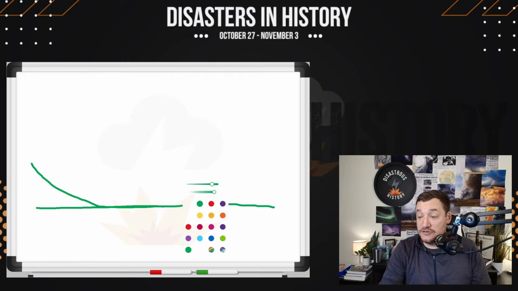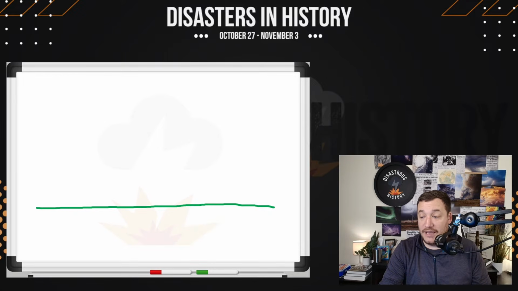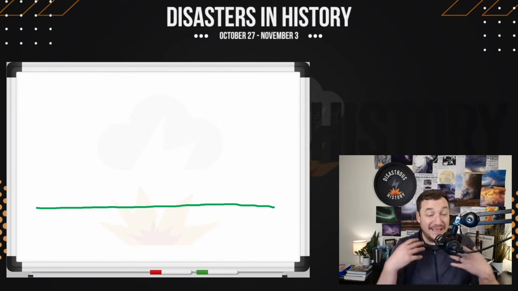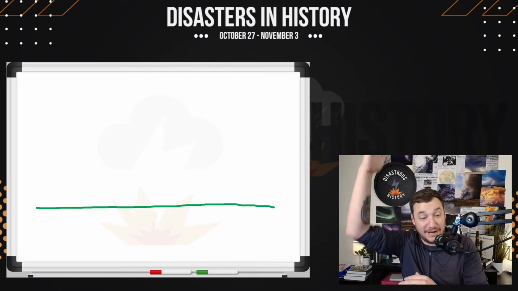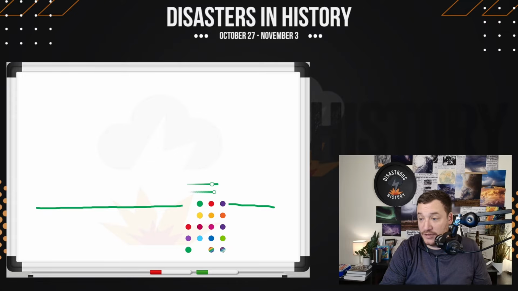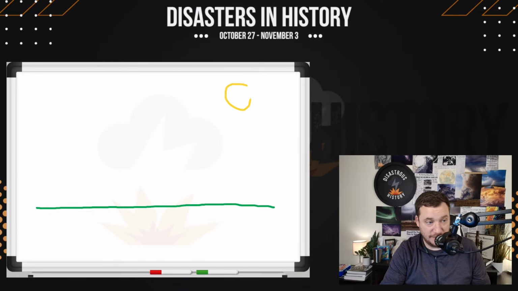So the general idea of a temperature inversion is, if you look at the atmosphere, temperatures generally get colder the higher you go up in the air. If you have your sun up here, let's add some rays to our sun.